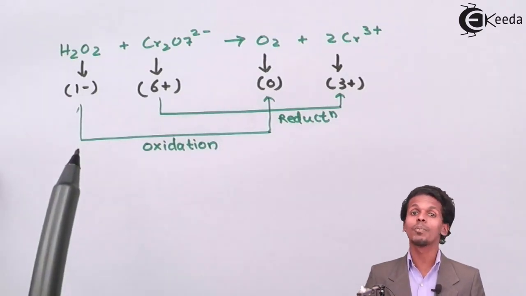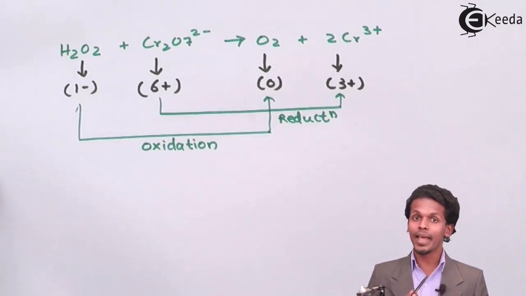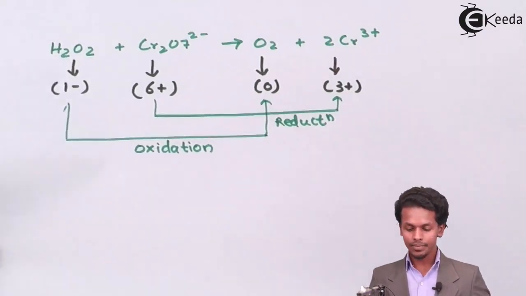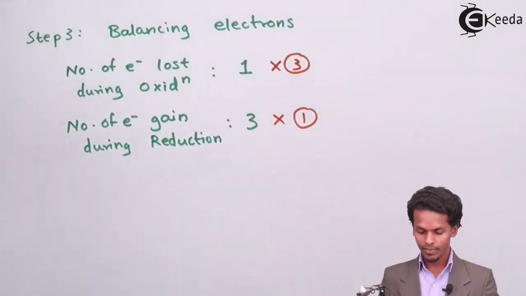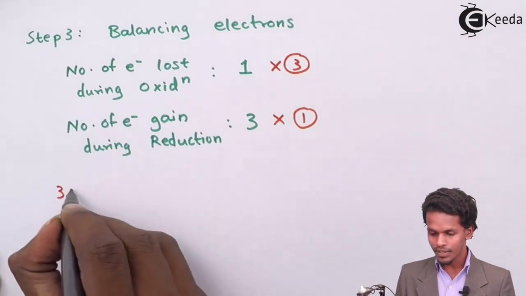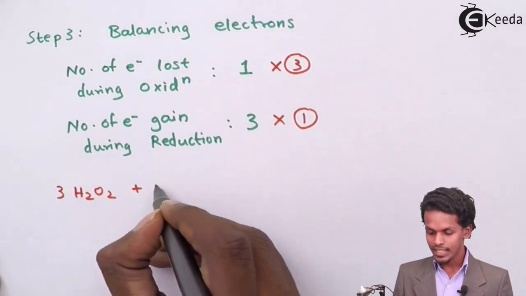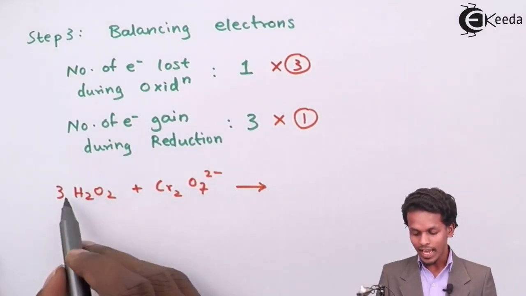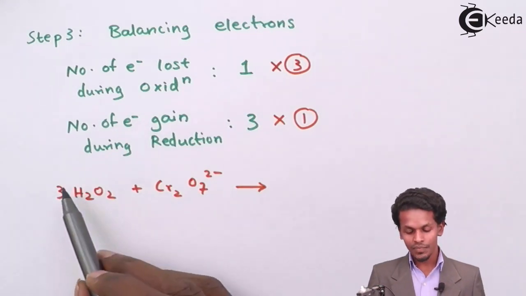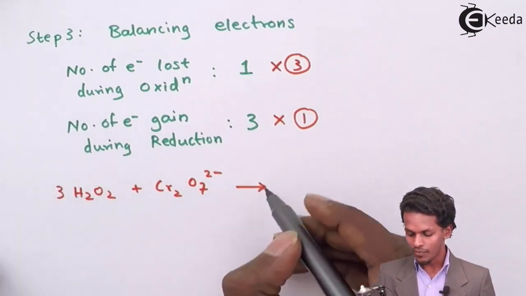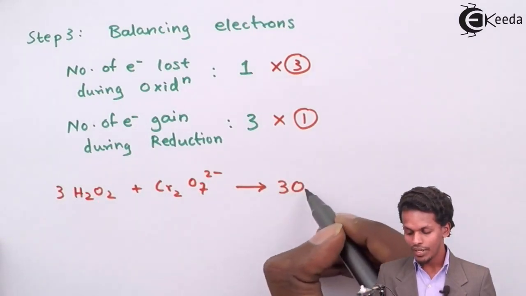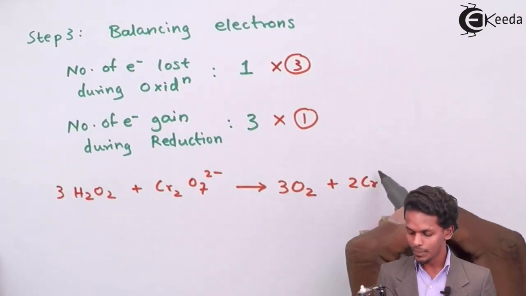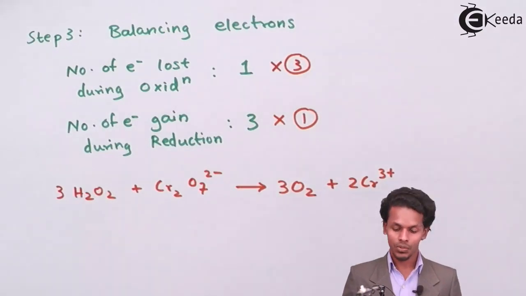With the help of this, I can balance electronically, with the number of electrons in this reaction. So I get 3 times H2O2 plus Cr2O7 2-, that will give us, again because I am multiplying on the oxidation side, if this is oxidized to O2, then it will also be 3 times O2, plus the product that I got was 2 times Cr3+.